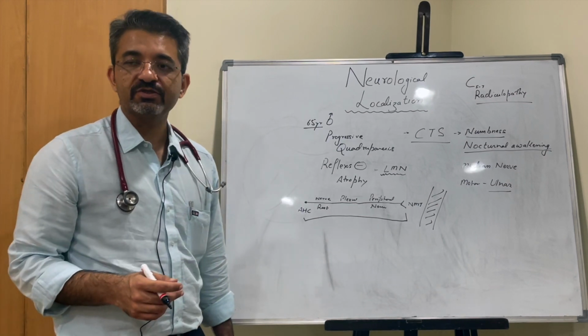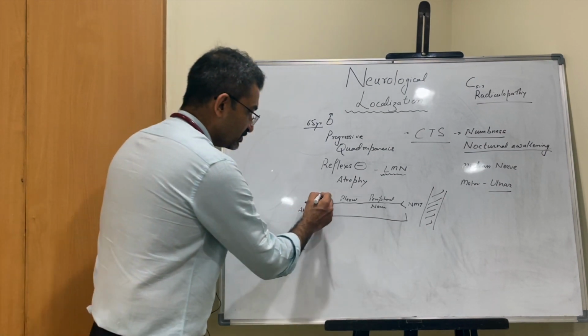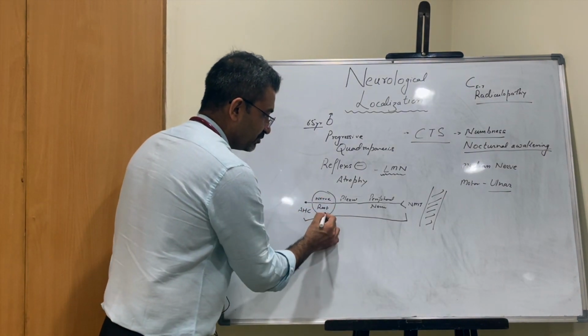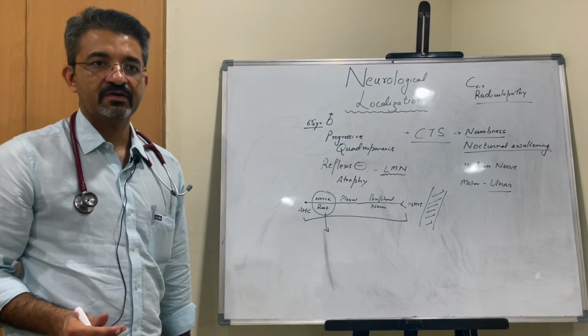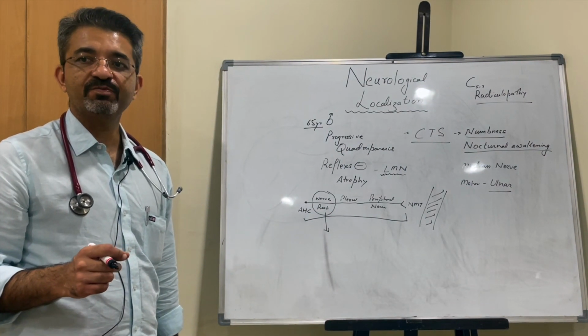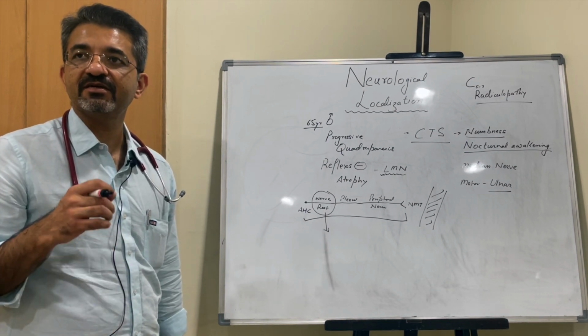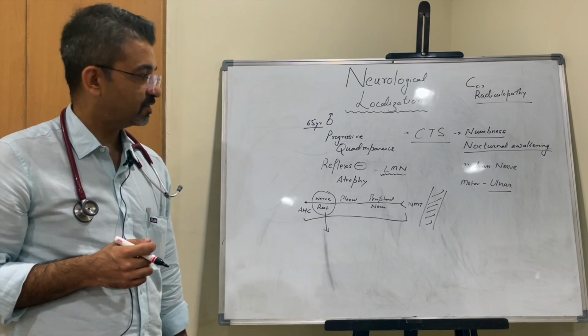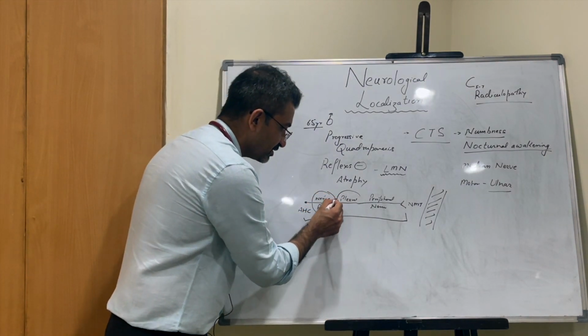Can it be nerve root? Yes, it can be. But nerve root involvement will have a shooting pain component. Radicular or nerve root pain is characterized by electrical sensations which are very difficult to manage. Can you have plexus involvement?